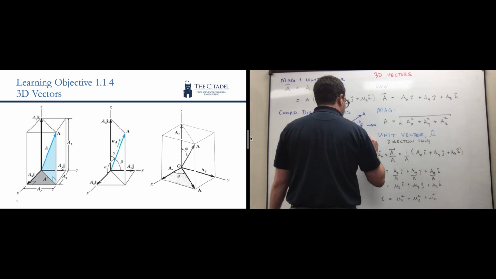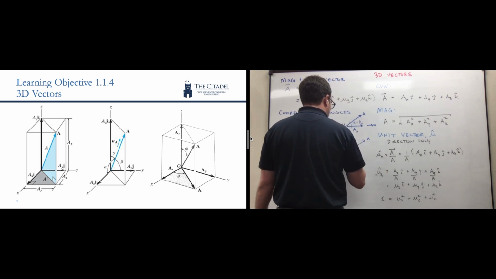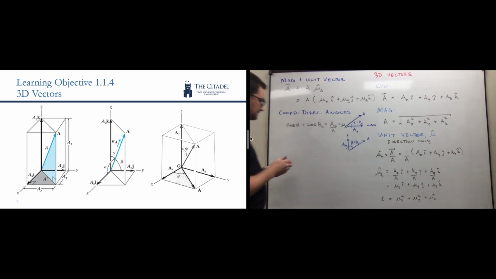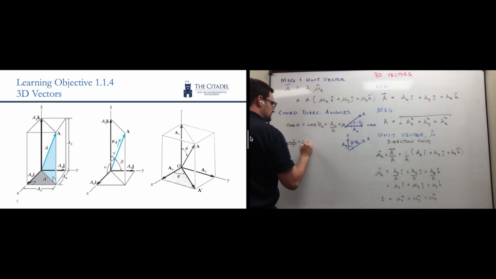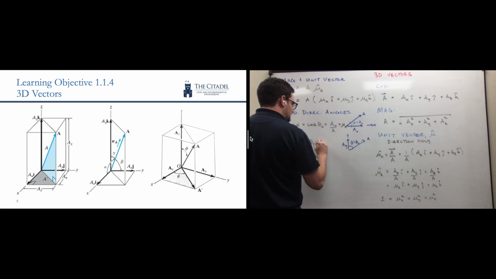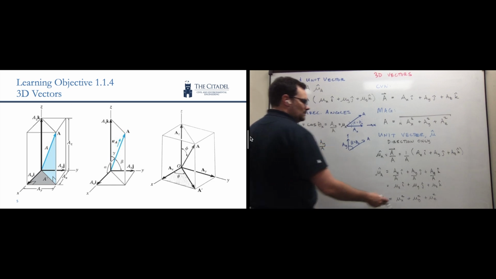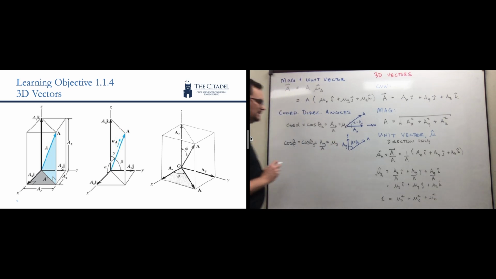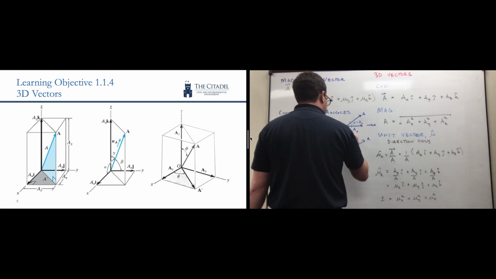I've got my overall vector A. I've got my Ay component pointed in the y direction. I have beta, or theta y in our FE reference handbook. In this case, the cosine of beta, or the cosine of theta y, is going to be equal to my adjacent component, Ay, divided by A, which we'll notice is the same as my mu y unit vector component. And we can do the same thing in the z direction.